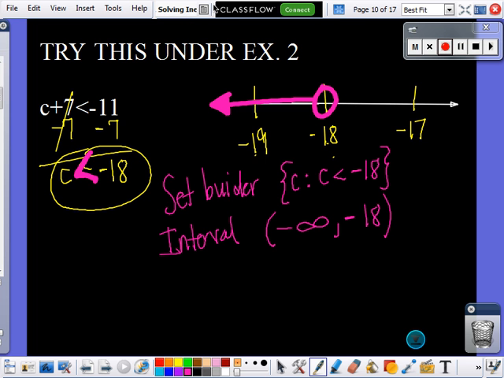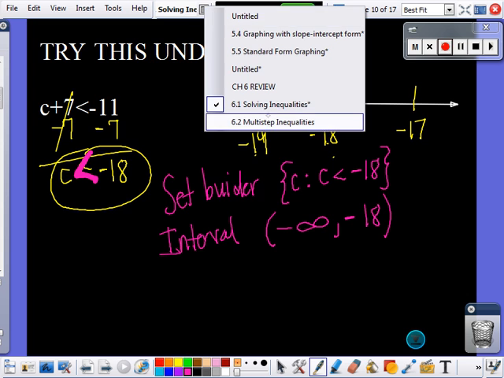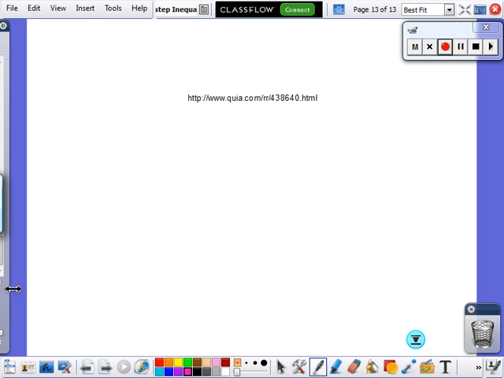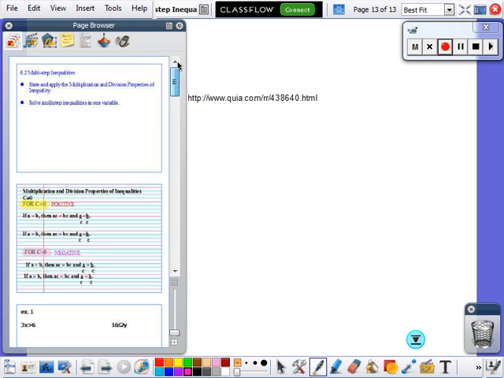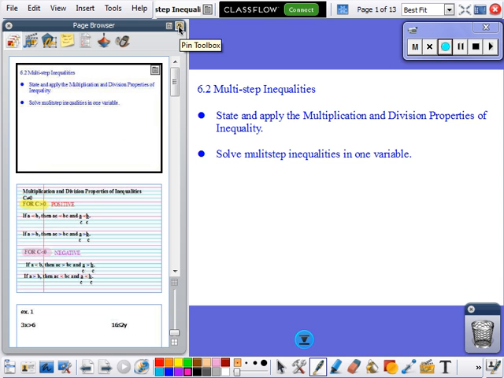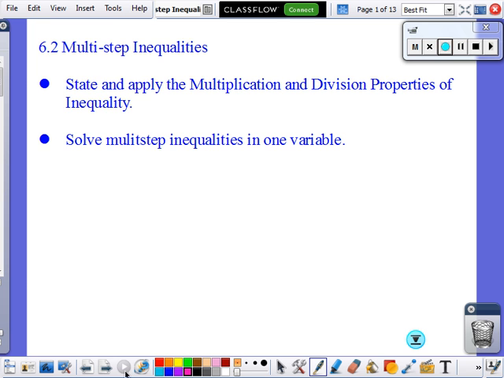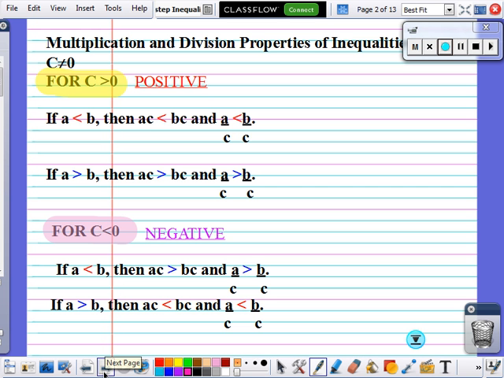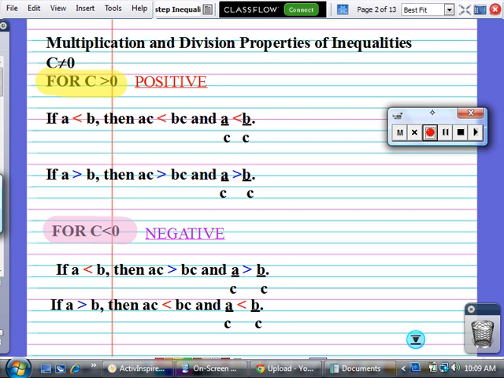Okay? Now I'm going to switch over and start talking about multiplication and division. Alright, now we talked about properties before. Here are the properties for multiplication and division, just like you said a while ago.